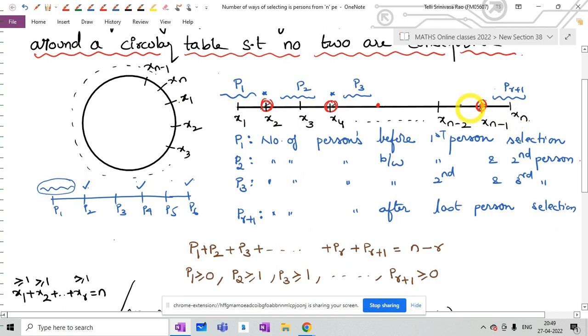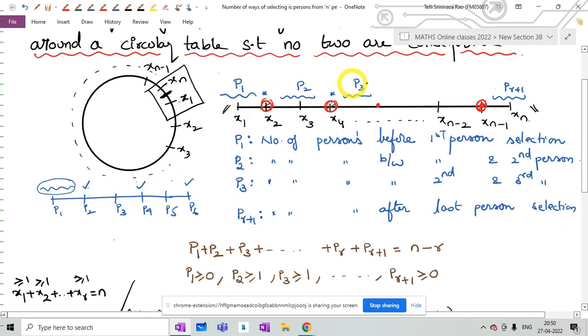That problem is if p1 and pr plus 1 are both equal to 0, in that case they will become consecutive, because on a linear table x1 is on one extremity and xn is on the other extremity. But if you take a circular table, x1 and xn will be together. So between the first person and the last person, at least one person should be there in between.